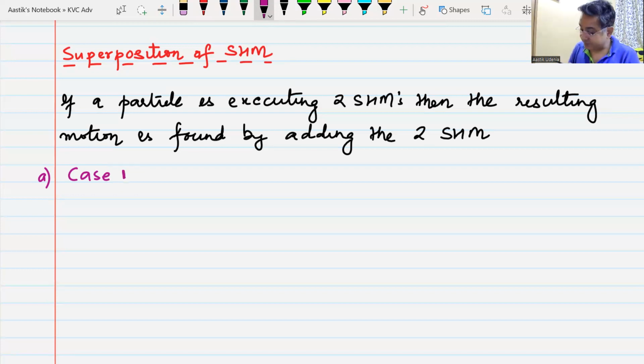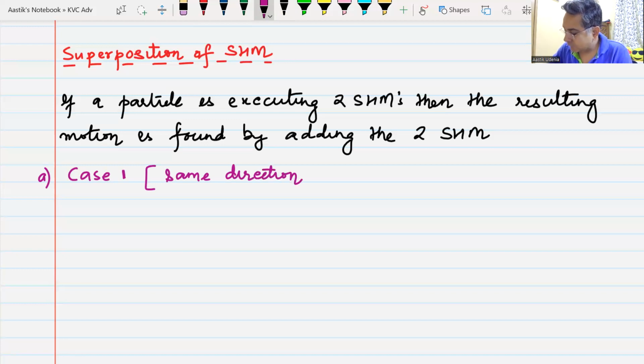In case number 1, it is executing SHM in the same direction and of the same frequency. That is your first case.